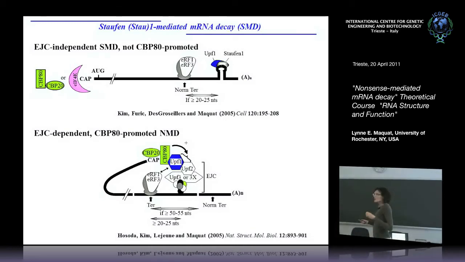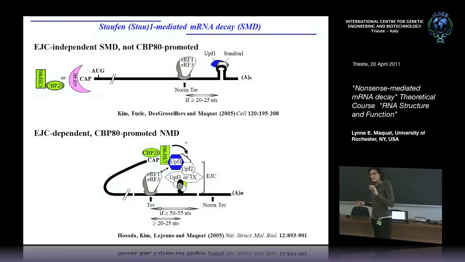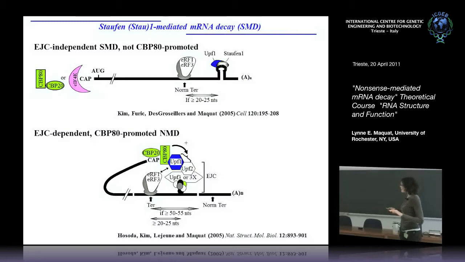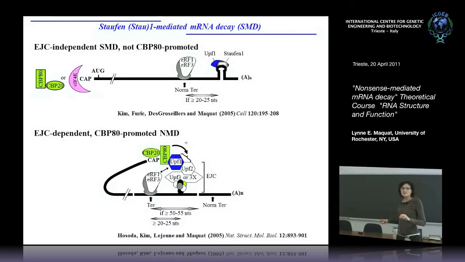the lab at the time, used UPF1 as a bait in the yeast two-hybrid analysis and came up with Staufen. So to just summarize the pathway, Staufen binding to an mRNA 3' UTR functions analogously to how an EJC functions during NMD.